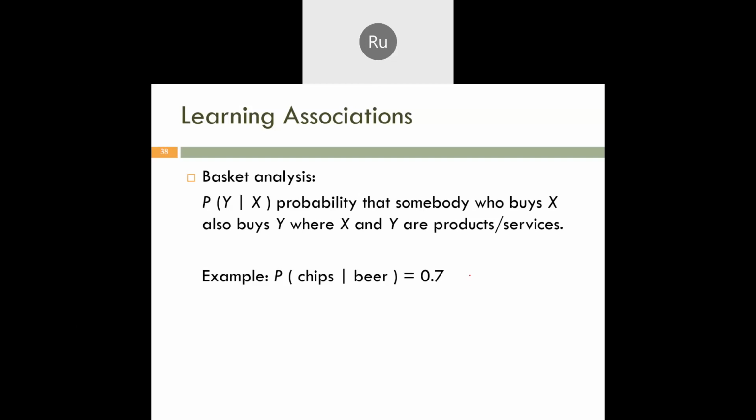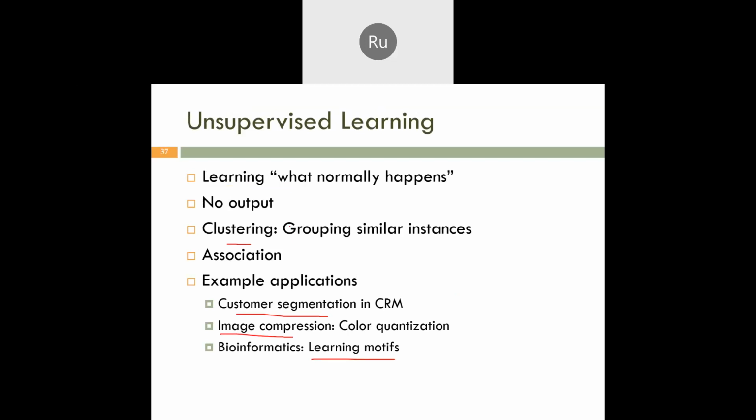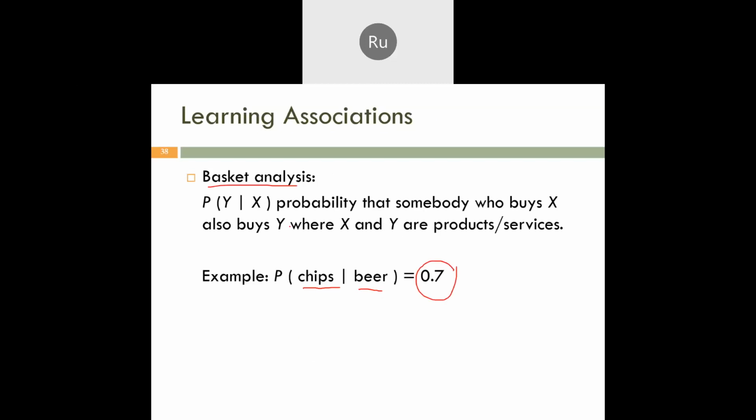We also have market basket analysis, in which we ask what is the probability of buying a chip given a beer? So this is 0.7%. So we use probability in order to look at the market basket analysis. So we have two: one is clustering, one is the market basket analysis.